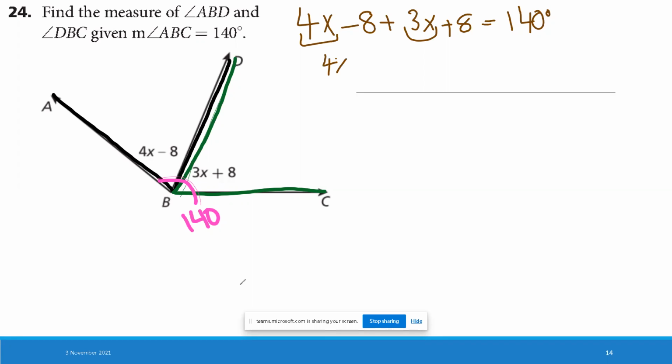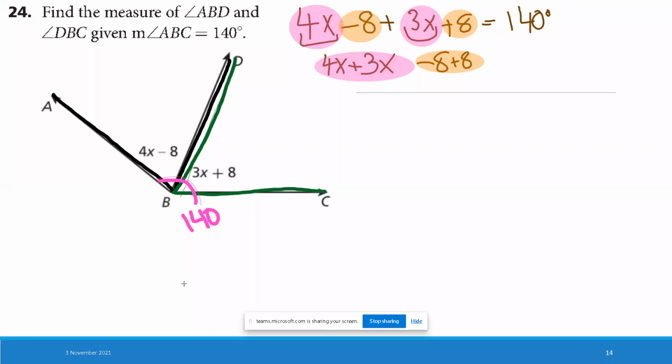Thank you. Then 4x plus 3x, combine the like terms, put them together, and negative 8 plus 8, you have to put the like terms together.